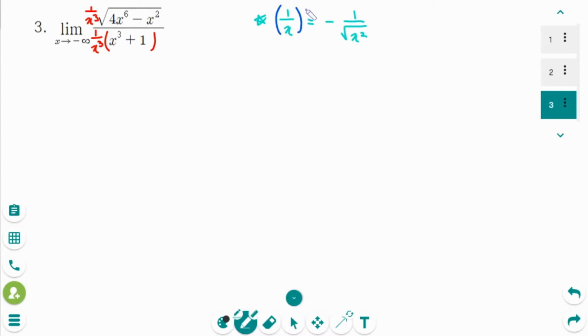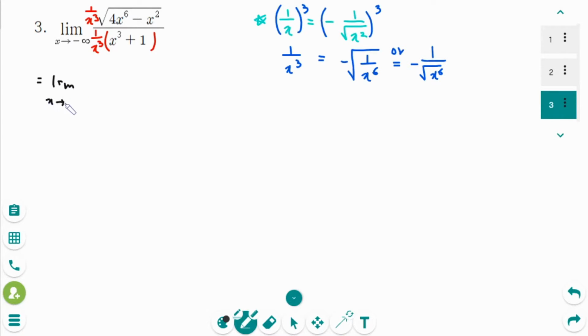If you cube each side to create 1 over x cubed, you get minus the square root of 1 over x to the power of 6, or this one, doesn't matter. So 1 over x cubed is the same as this one.